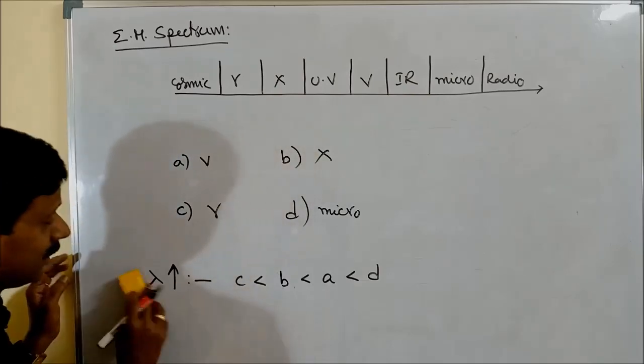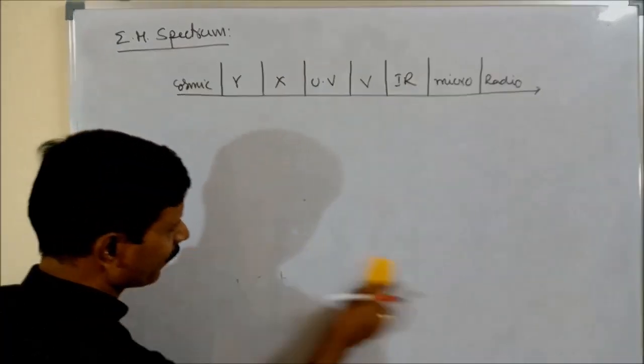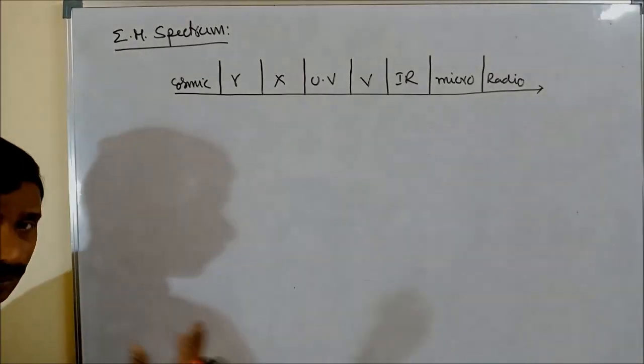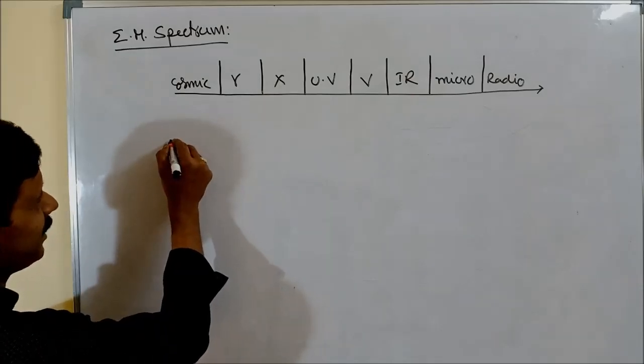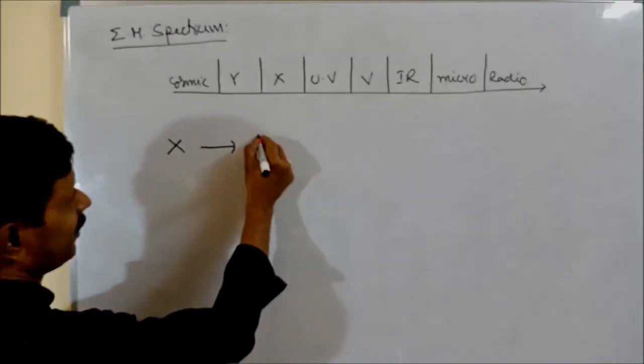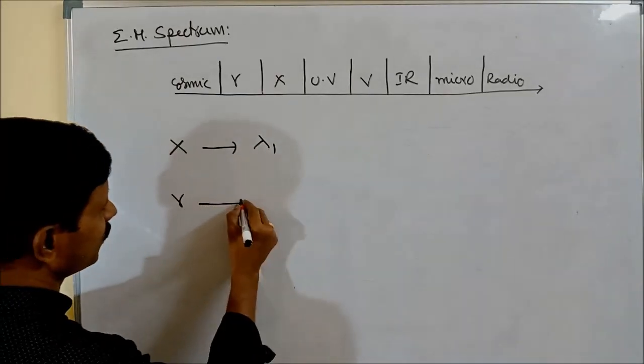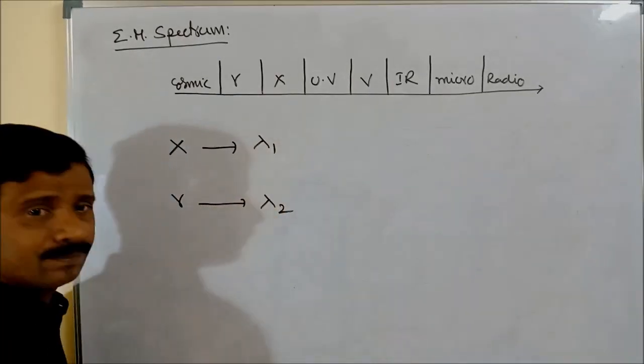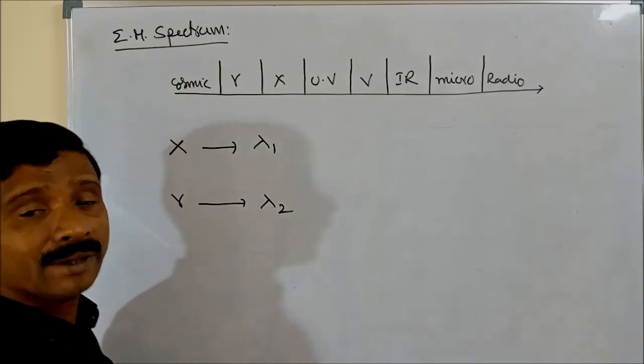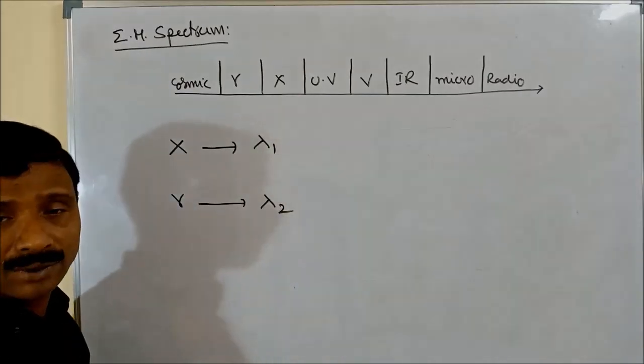And another model we can expect: imagine there are X-rays whose wavelength is lambda 1 and gamma rays whose wavelength is lambda 2. What is the relation between lambda 1 and lambda 2?